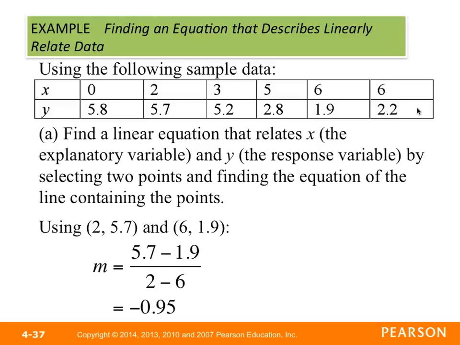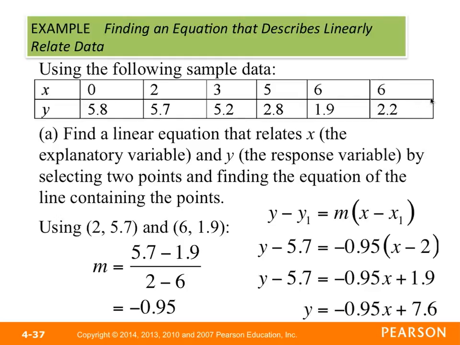Hopefully you remember how to calculate slope. We take our 5.7 minus our 1.9 and divide it by 2 minus 6, and we get negative 0.95, which would be our slope. And then we just pick one of those points that we just used. In our case, we're going to pick the 2 and the 5.7, and we plug it into this equation right here. This is your point slope form for your equation of a line. y minus y1 equals m times x minus x1.